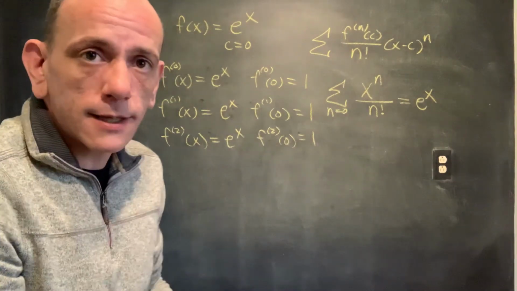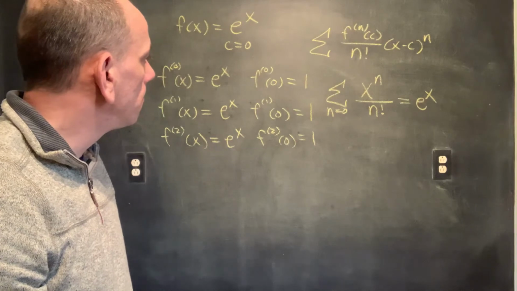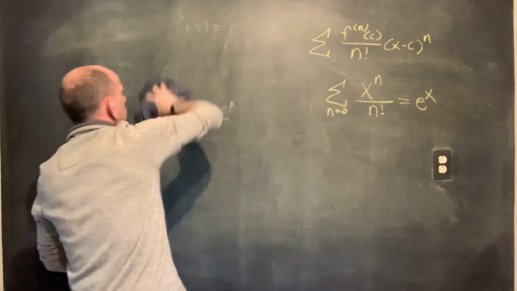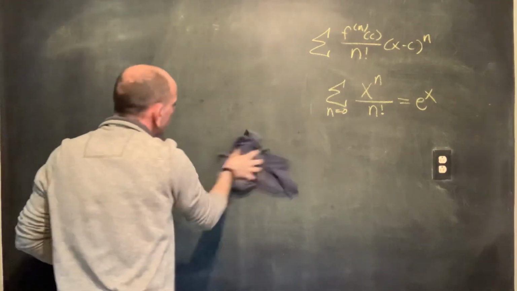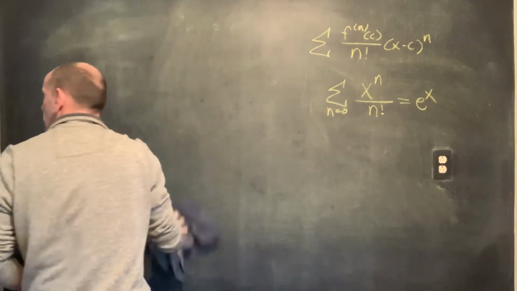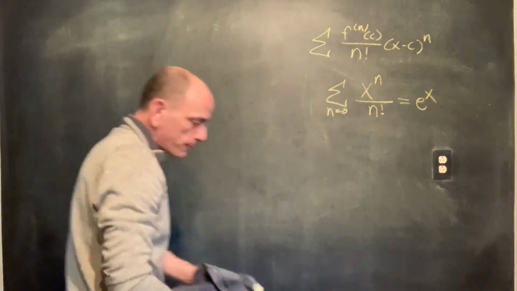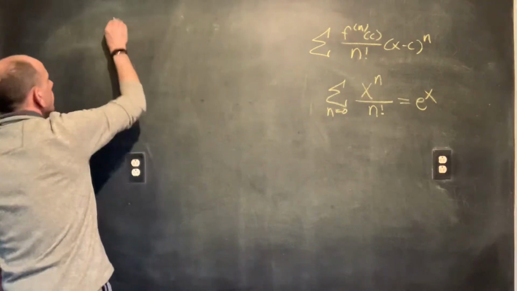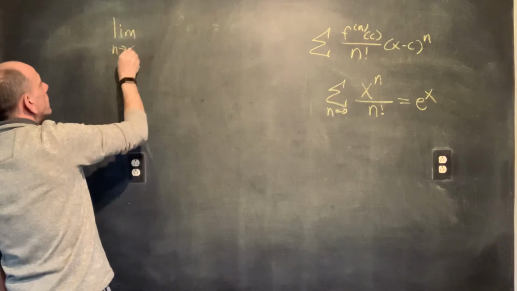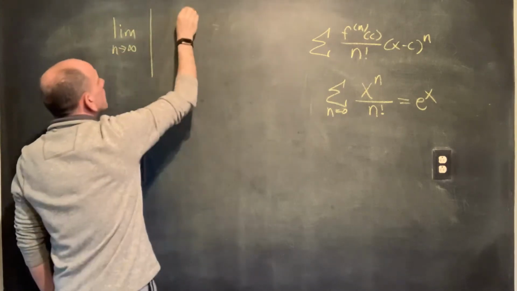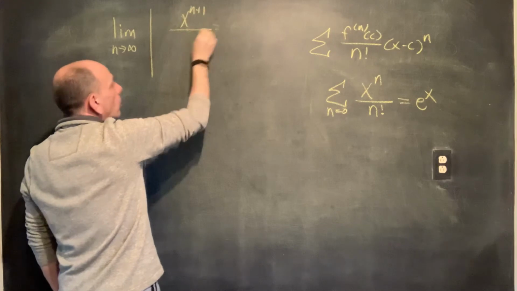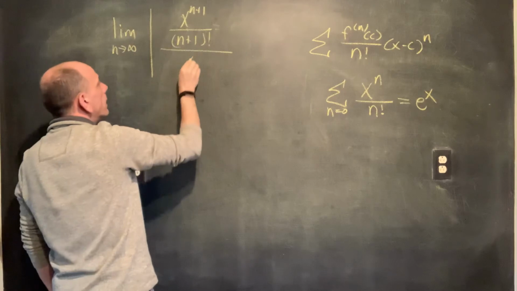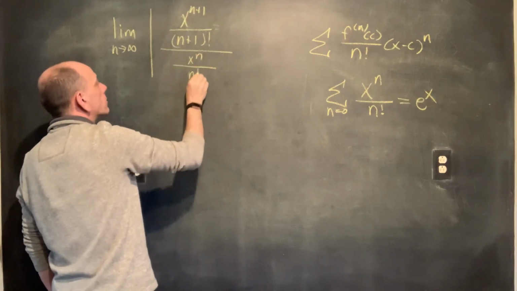We need the radius and interval of convergence for that. All right, so we're looking at the limit as n goes to infinity of the absolute value of x to the n plus 1 over n plus 1 factorial, divided by x to the n over n factorial.